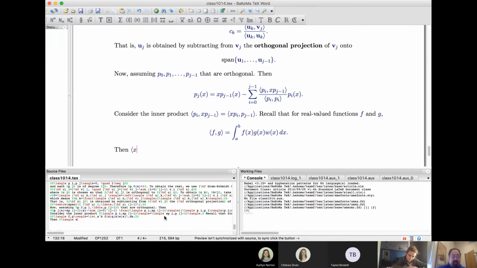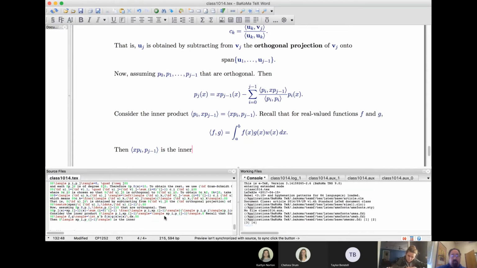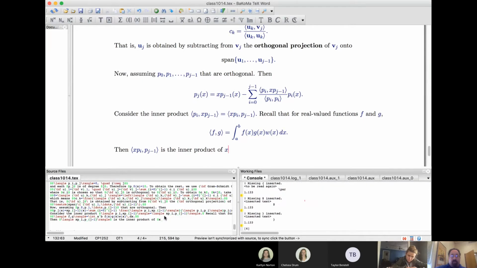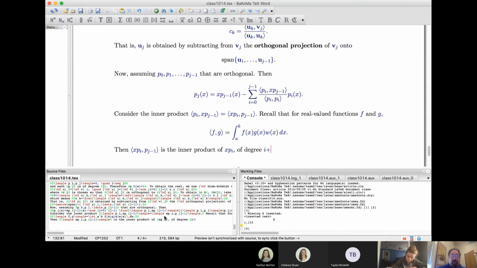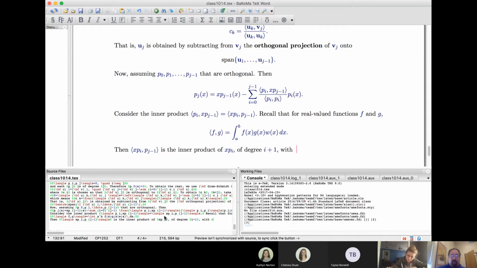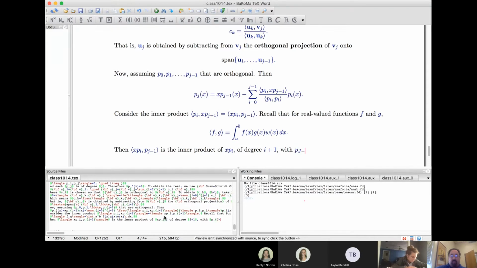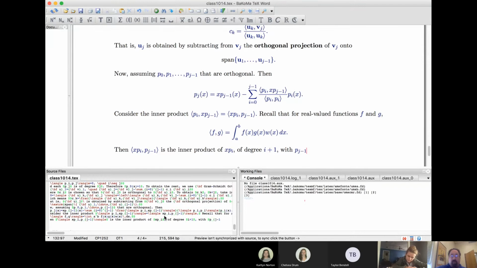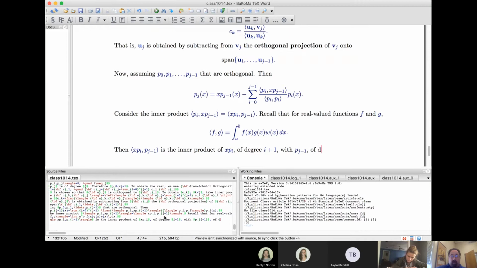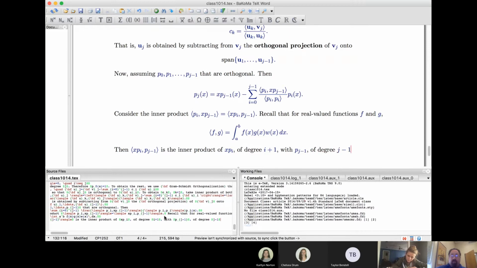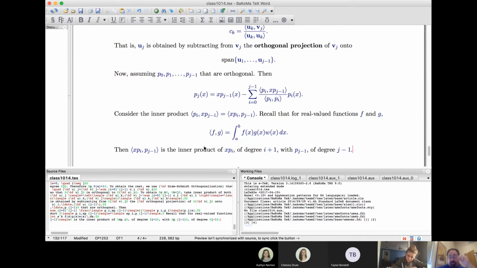Looked at this way, it is the inner product of x pi, which has degree i plus 1, with pj minus 1, which is of degree j minus 1.